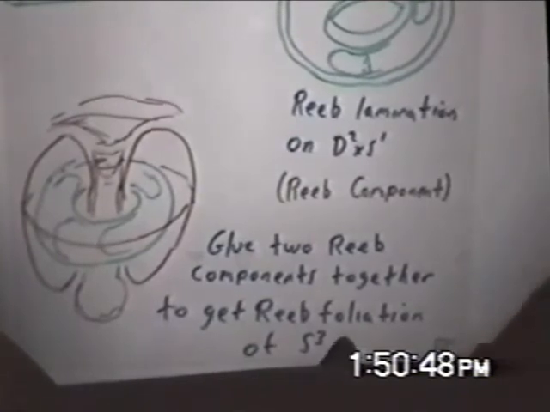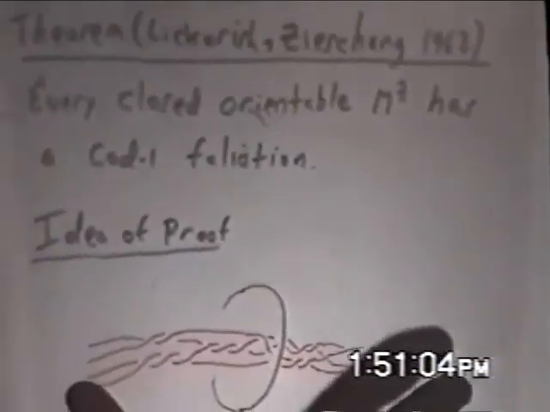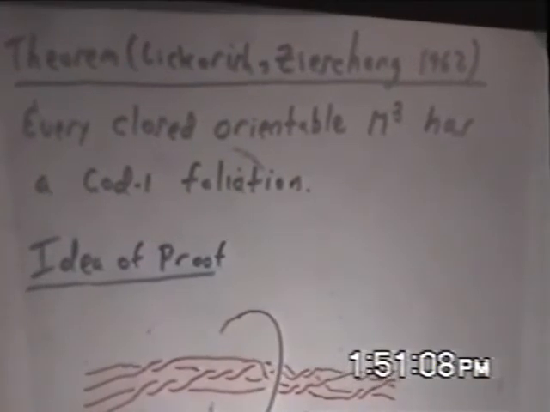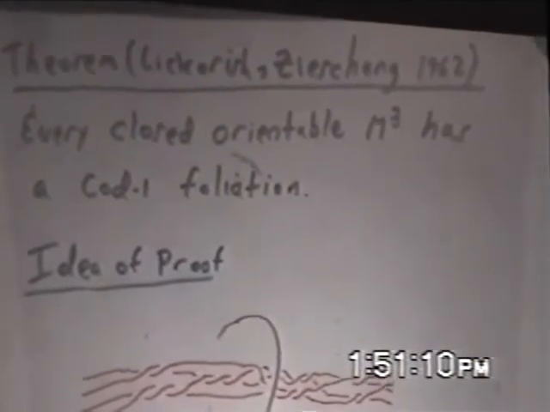Now, a variation of this theme is a theorem of Lickorish and Wood, which says that any closed orientable 3-manifold has a codimension 1 foliation.